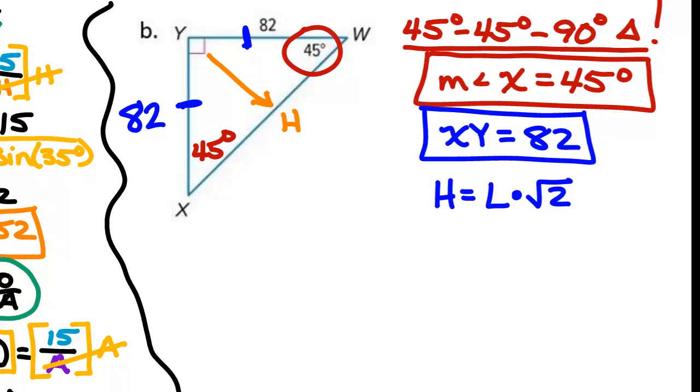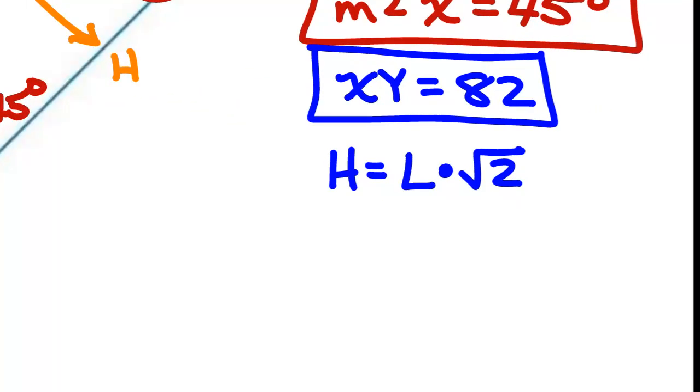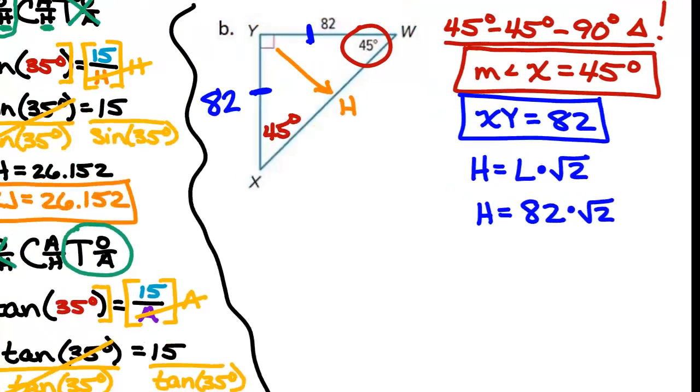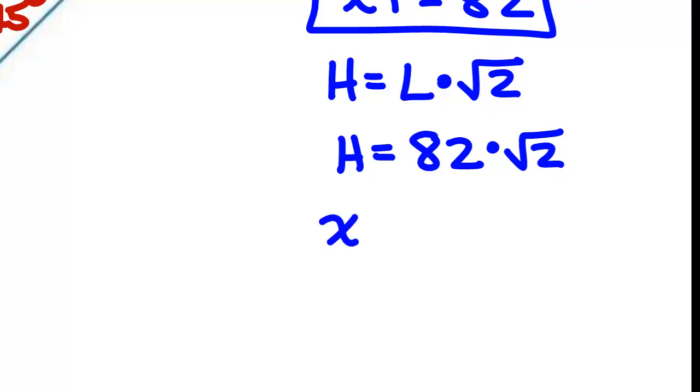And this is something that you need to know. Please, please, please remember your special right triangle rules. How big was that leg? 82 times the square root of 2. So that means XW, which is the hypotenuse, is equal to 82 radical 2.